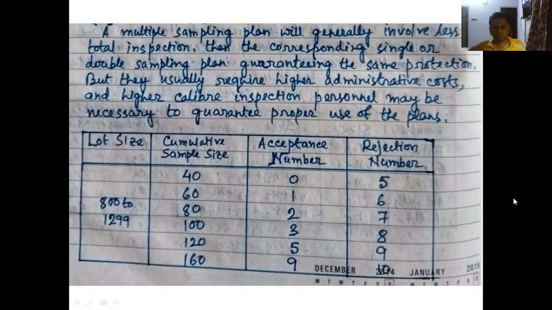You can think of it this way: suppose you have a lot and several items in that lot. Now if your sample size, the small n, is high, then you need to test a lot of samples. So automatically your cost will go up.